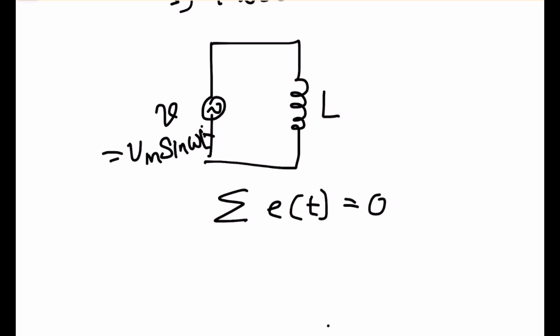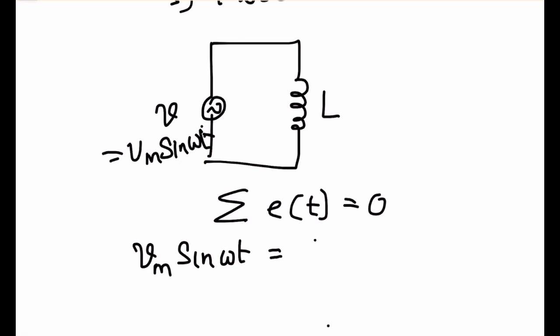The whole applied voltage appears across the inductance, because inductance is the only element in the circuit. Therefore Vm sine omega t, the applied voltage, appears across the inductance.